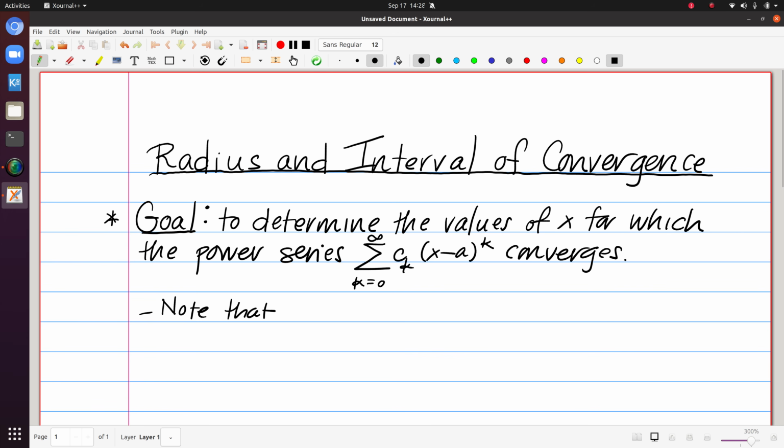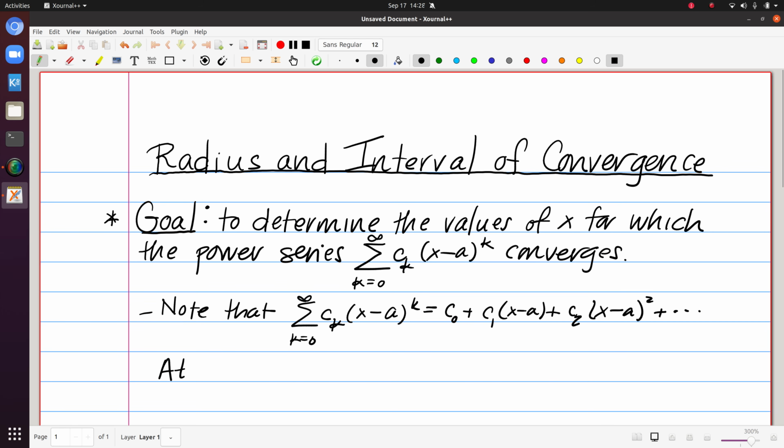One thing to consider for a general power series, if I were going to write out the terms, it would look like c sub 0 plus c1 times x minus a plus c2 times x minus a squared, and so on. If you were to plug in x equals a, this becomes simply that constant term c sub 0.